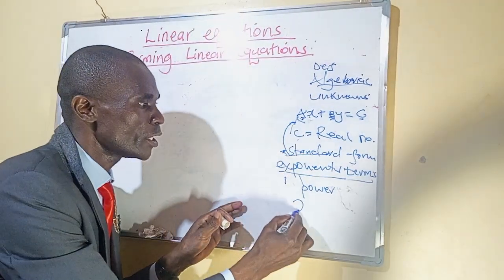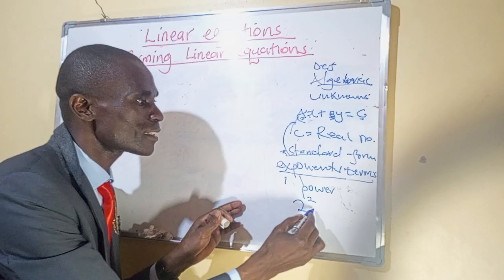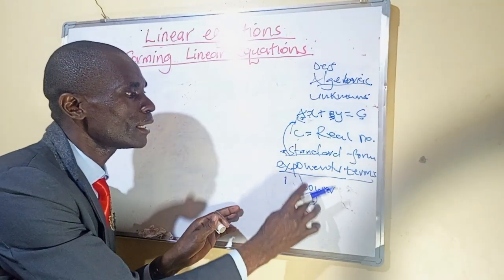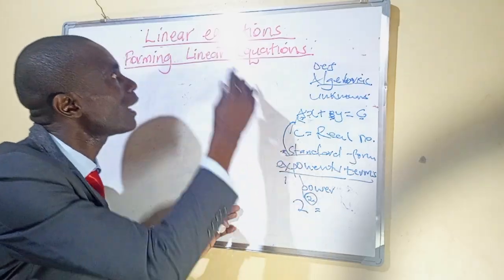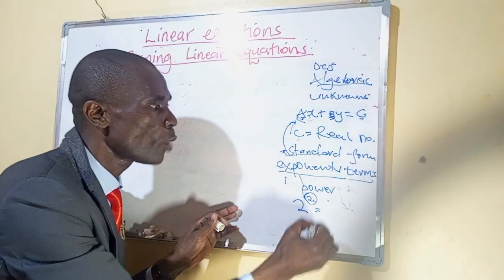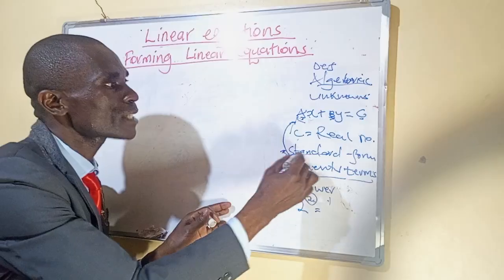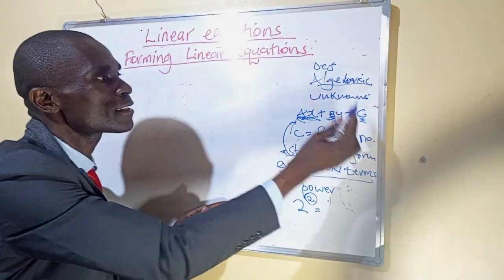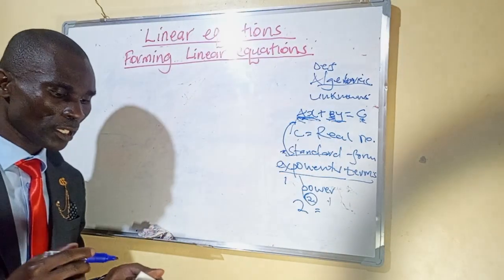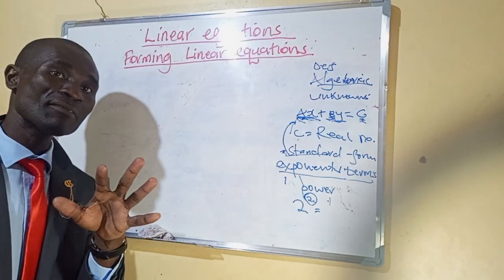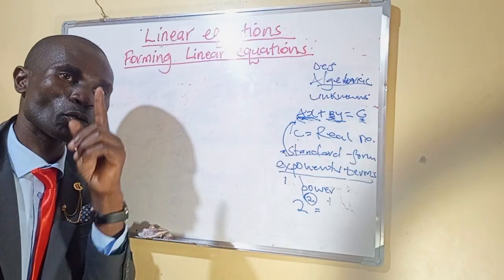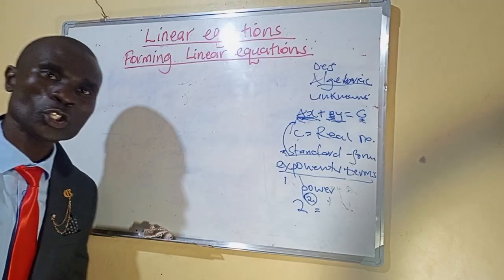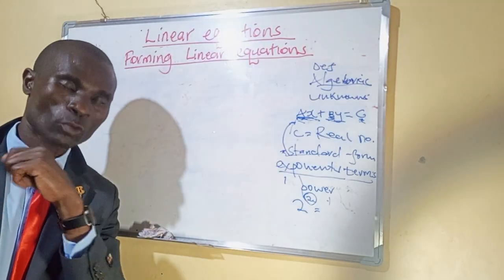For example, 2 raised to power 2 is the same as 2 squared. So the power in a linear equation should be 1. All the terms here, ax, by, and c, must have power 1. If you have that, then you have a real definition of a linear equation.